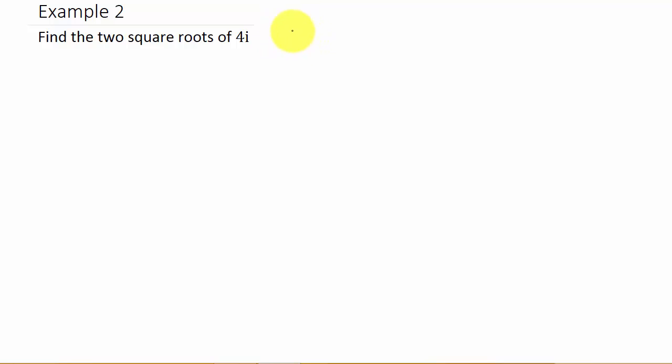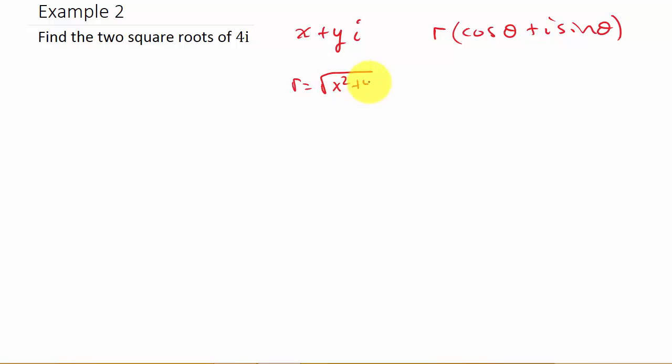Remember, if we have a complex number in the form x plus yi, we need to get it in the form r times cosine theta plus i sine theta. So I need r. Remember, r is the square root of x squared plus y squared, and for theta, we can find it using the fact that tangent theta is equal to y over x.